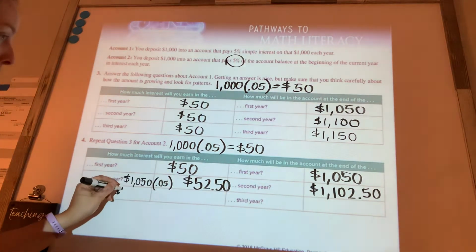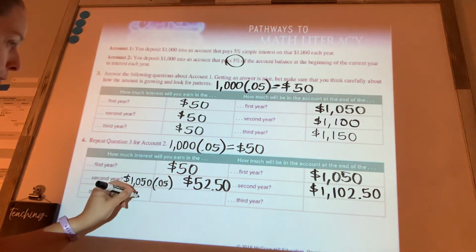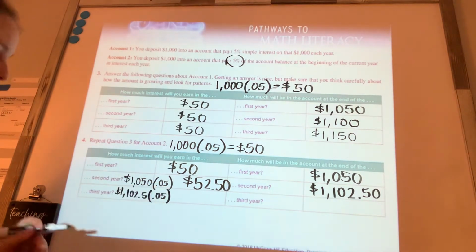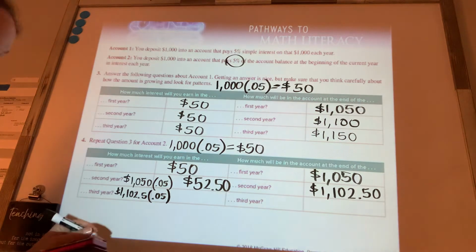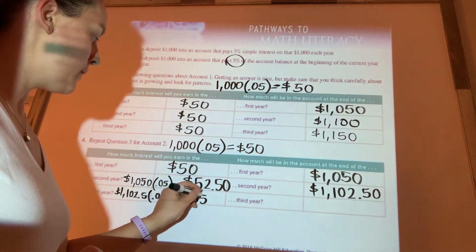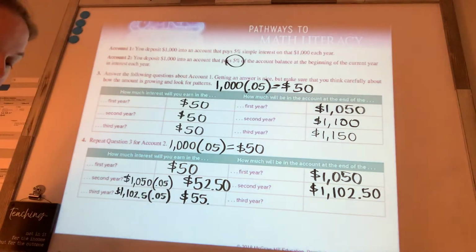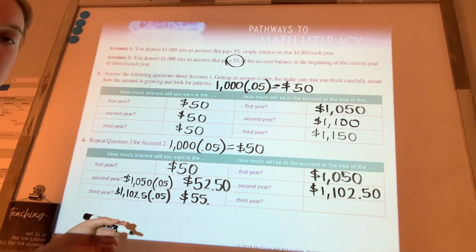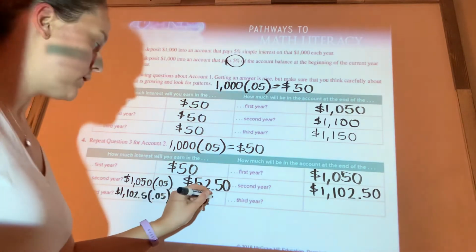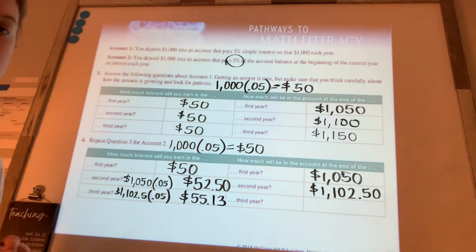So I'm going to take the 1,102.5 and I'm going to multiply that by 0.05. 5% of my previous balance, and careful, here's where you actually need to round. We get $55, but always round to the nearest penny. So the decimal is 0.125, so we're going to round to 13 cents.